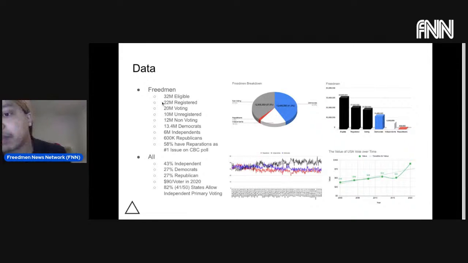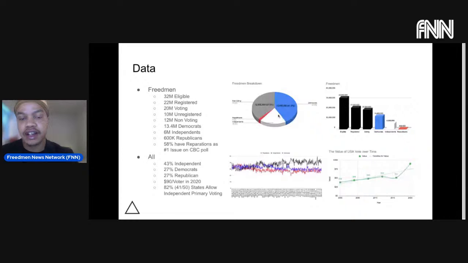In terms of unregistered numbers, there's 10 million freedmen that are unregistered and 12 million that are non-voting. And when you look at the numbers in terms of the pie chart, the amount of non-voters combined with the amount of independents could easily combine, which would be 18 million, right? 6 plus 12 million, 18 million.